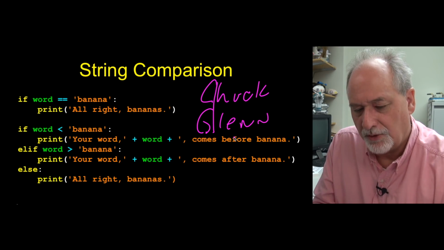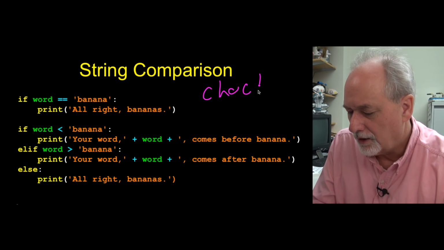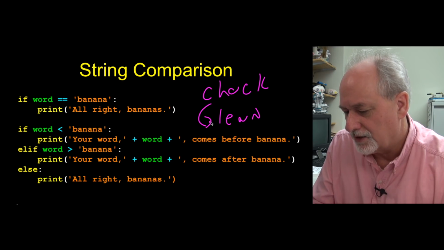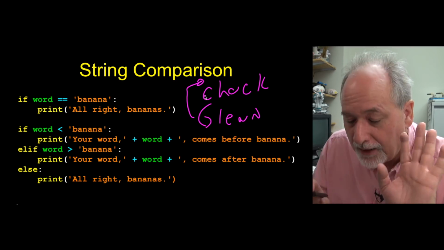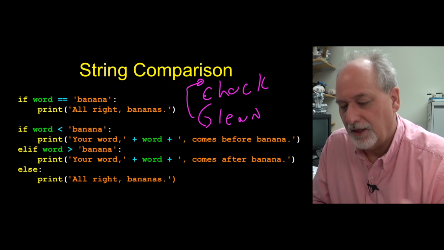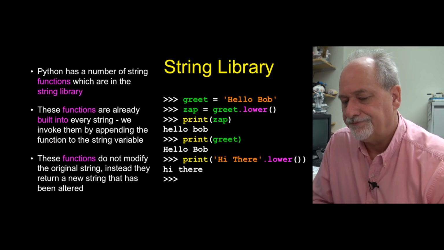But if you were to use lowercase chuck and uppercase Glenn, then that would sort weird. As a matter of fact, the G would come before that. So case can mess this up, but in general, other than case and special characters, it technically works. It's just hard to predict.